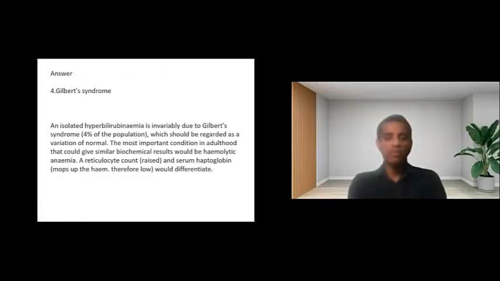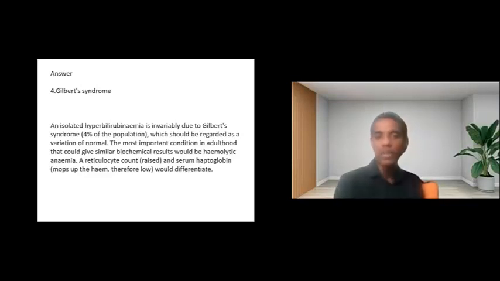So, isolated hyperbilirubinemia with the other liver tests normal. How do you confirm whether it's Gilbert or not? You need to do the fractionation of bilirubin, the indirect and direct bilirubin levels.